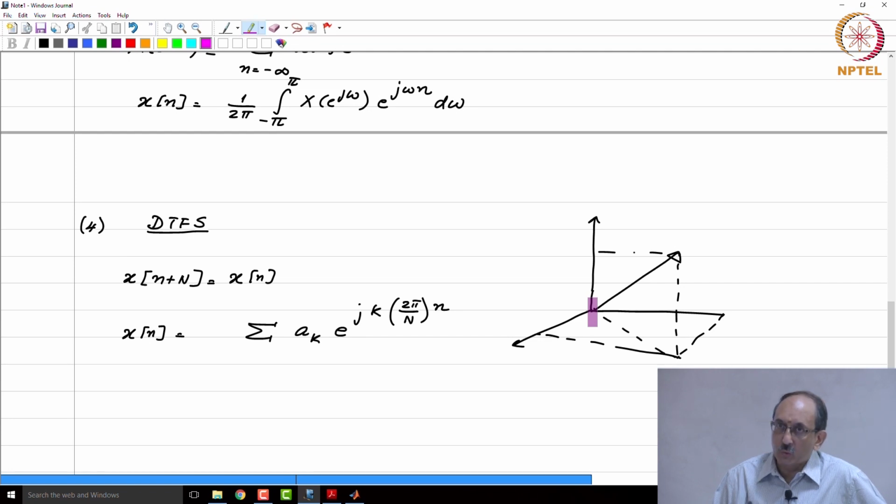And if you only had a 2D vector, you needed only 2 basis functions, right. And this can easily be extended to n dimensions, although you cannot visualize beyond 3. If you had a 4-dimensional vector, you need 4 basis functions, and typically these are orthogonal basis functions.